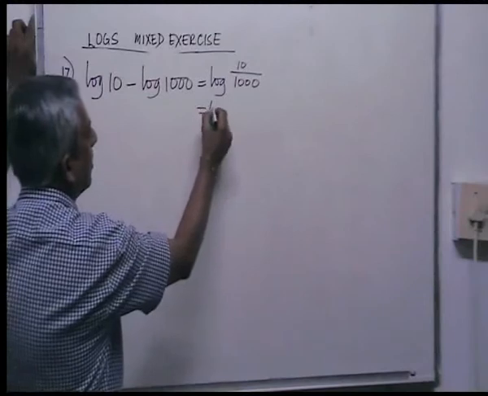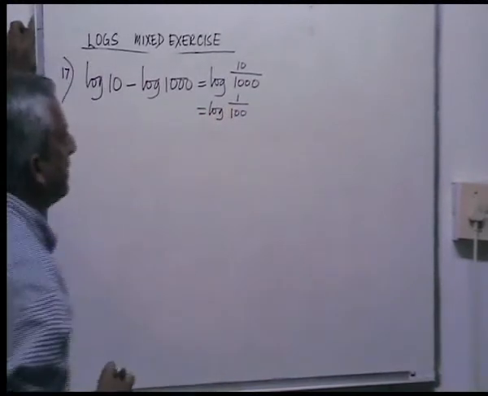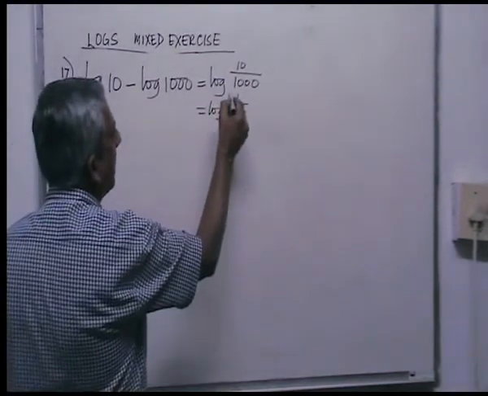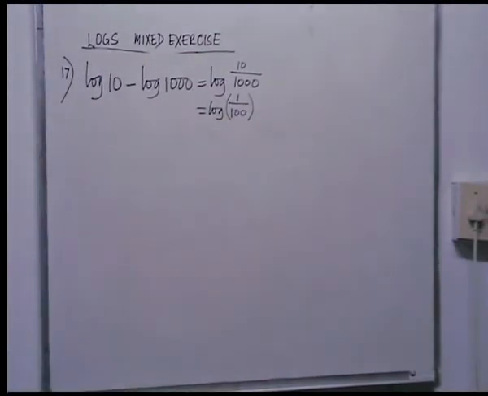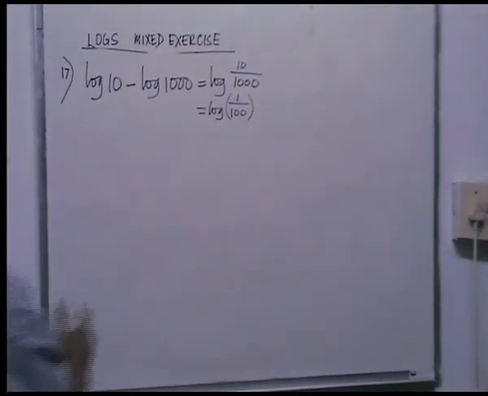And that will work out to log of 1 over 100. When you're putting this in the calculator, it's better for you to put that in a bracket, you see. So you want the log of 1 over 100, and you put that into the calculator.